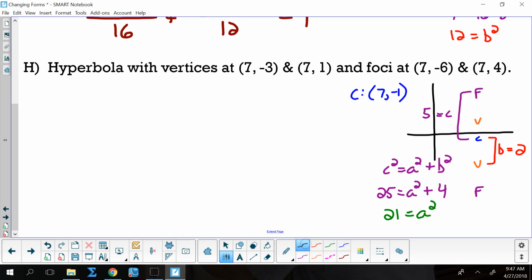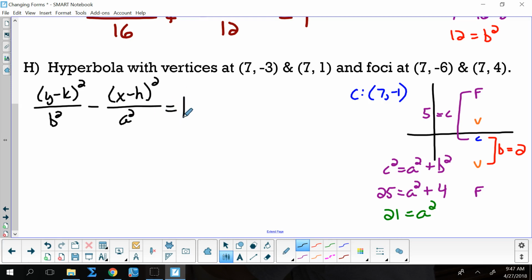This is an up-down, or vertical, hyperbola, so that's going to be y minus k, quantity squared, all over b squared, minus x minus h, quantity squared, all over a squared, equals 1.